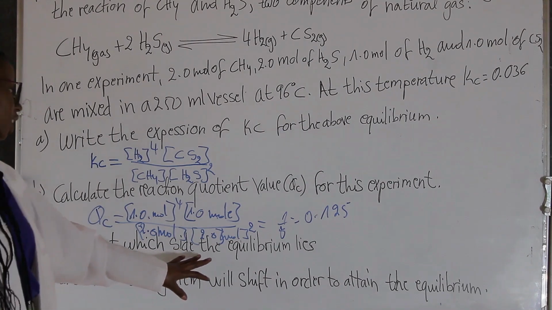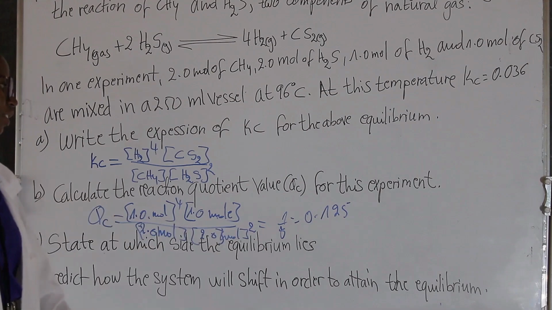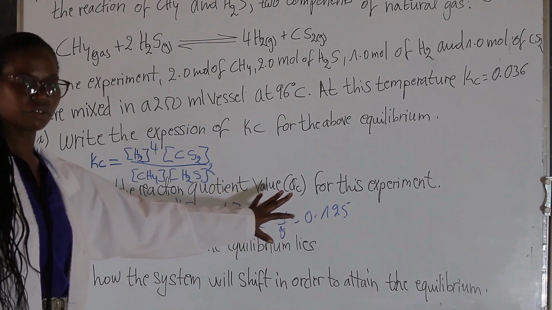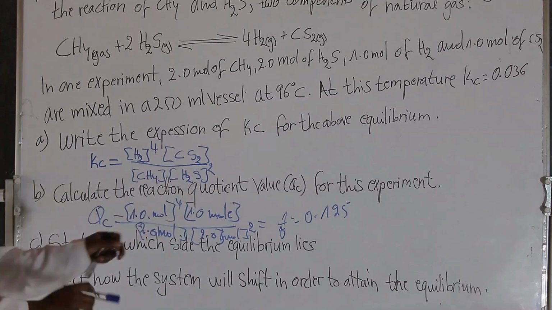State at which side the equilibrium lies. As you see here, the quotient value is less than 1.